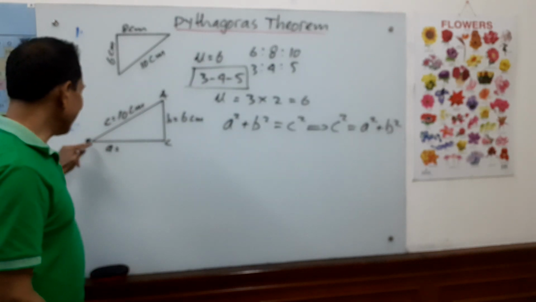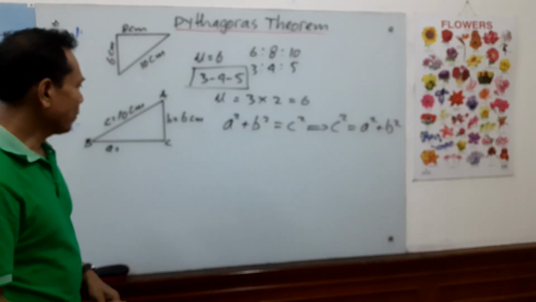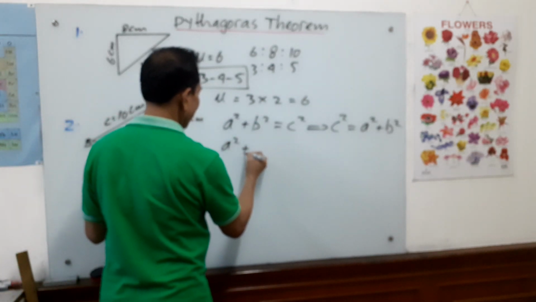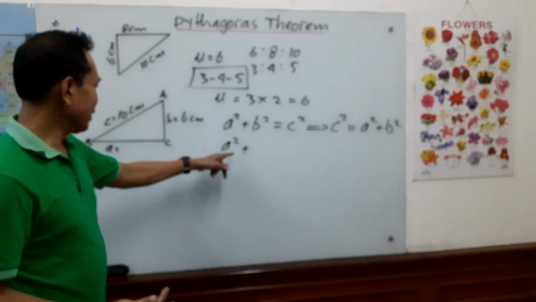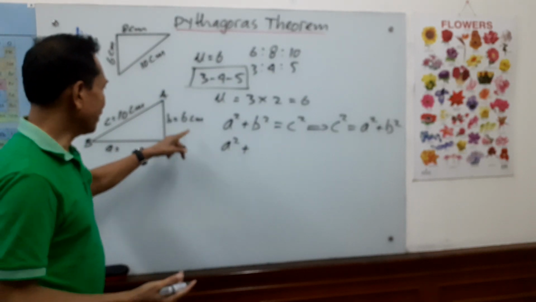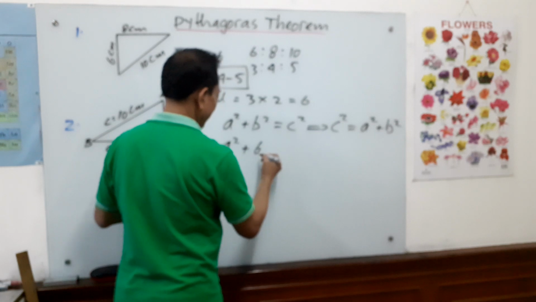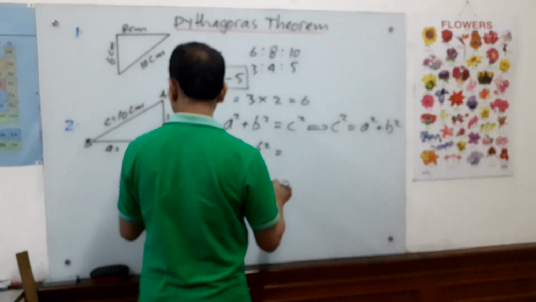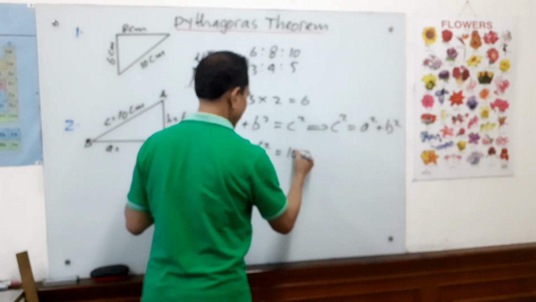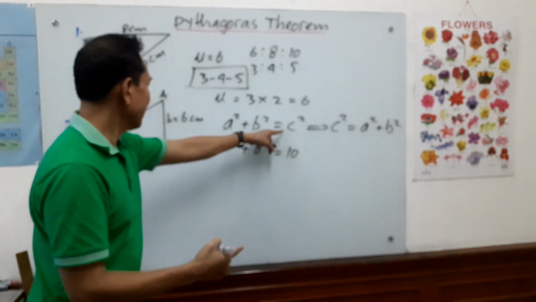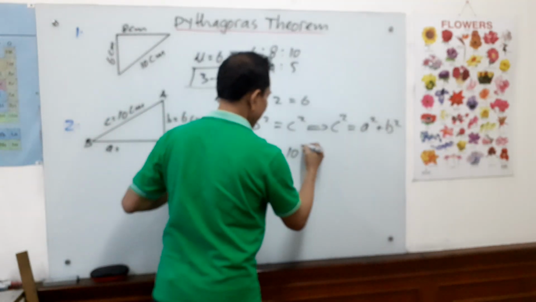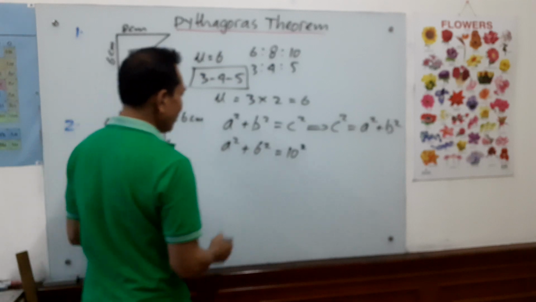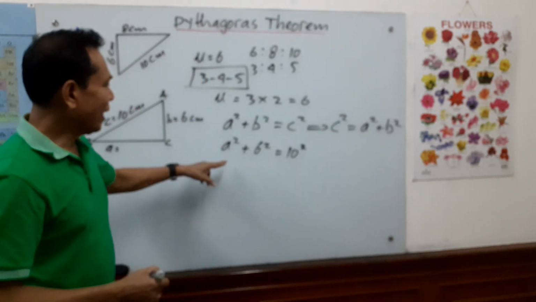We want to find this BC, which is A. Now, so we have A square plus, we do not know it, so we just put there, B is 6, 6 square equals this C, which is 10. 10 square. Now, we want to make this A the subject.